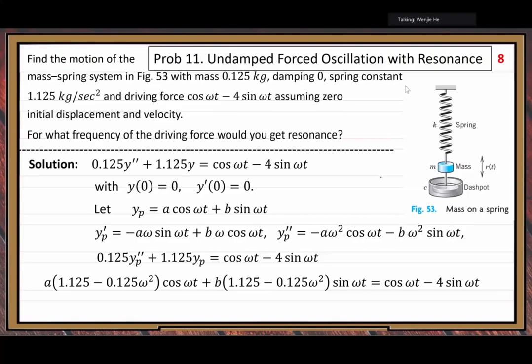The way is to compare the corresponding terms. On the left-hand side you have cosine function terms, and you also have sine function terms.